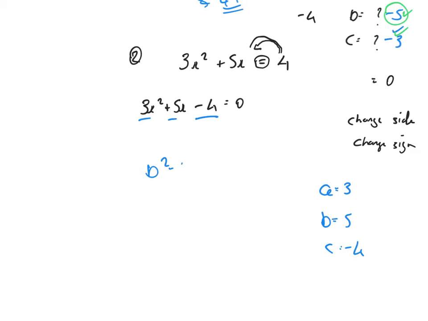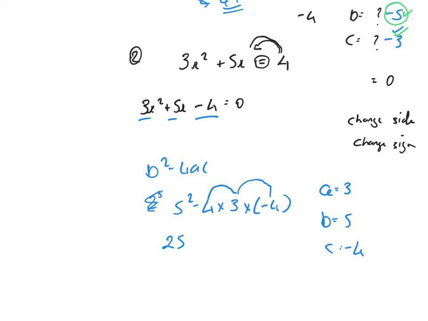b squared minus 4ac, where b is 5, so that's 5 squared, minus 4 times a, which is 3, times c, which is minus 4. 5 squared is 25. And then I've got minus 4 times 3 is minus 12.